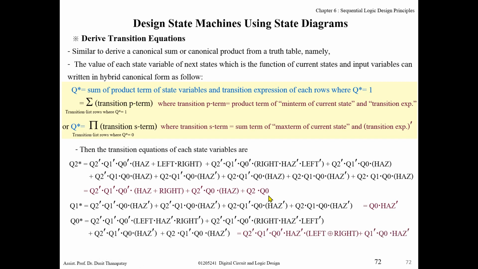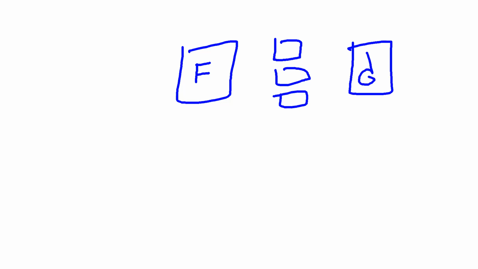After that, now you get the transition expression. That means now for the structure of the state machine, next state logic F, and for this example, 3 flip-flops, and output logic G. For now, you can determine the output equation.